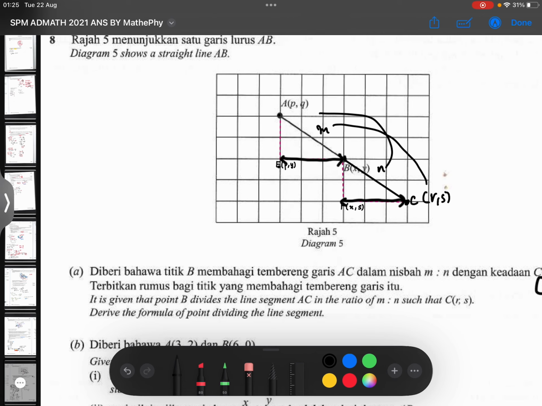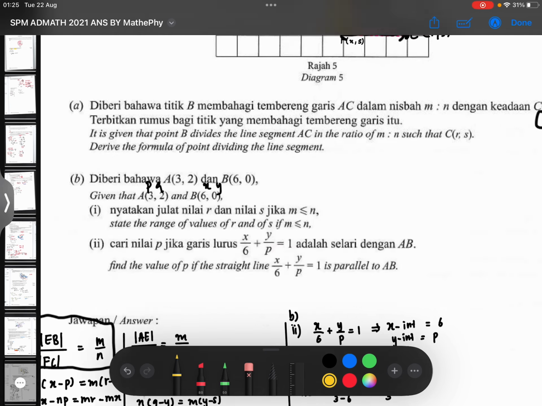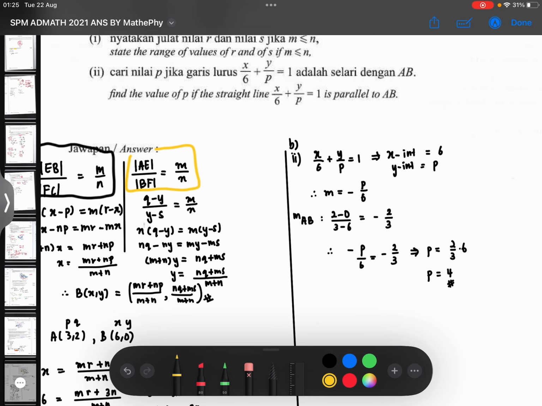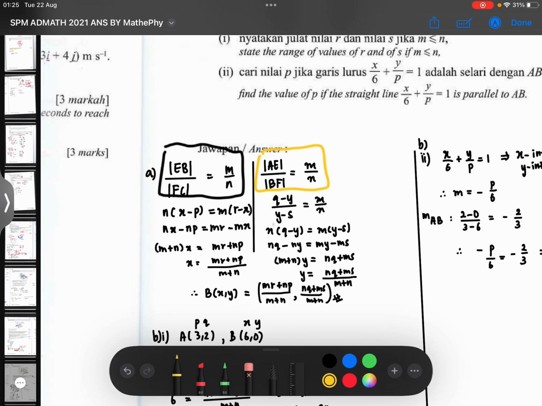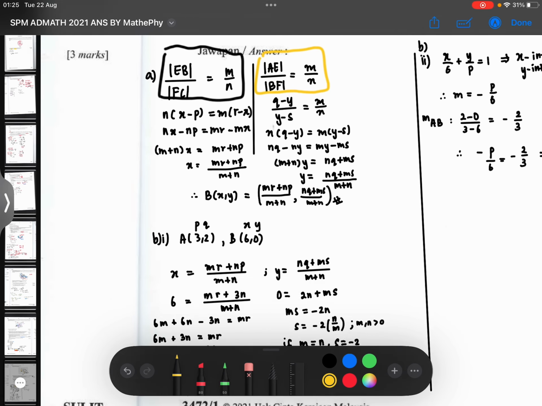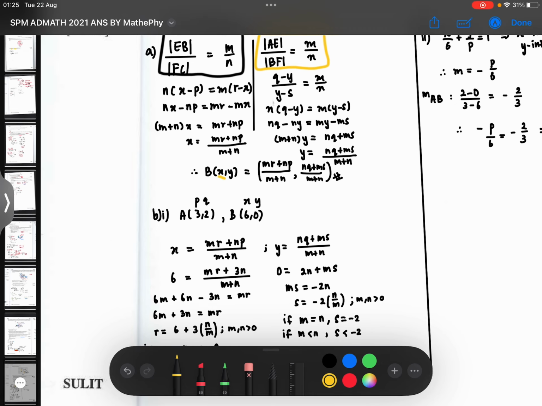For the vertical, we have AE, the ratio is M, and also BF, the ratio is N. So I just solve both equations and I get the X and Y coordinates, which is the coordinate of B, which gives rise to the formula of the line segment.